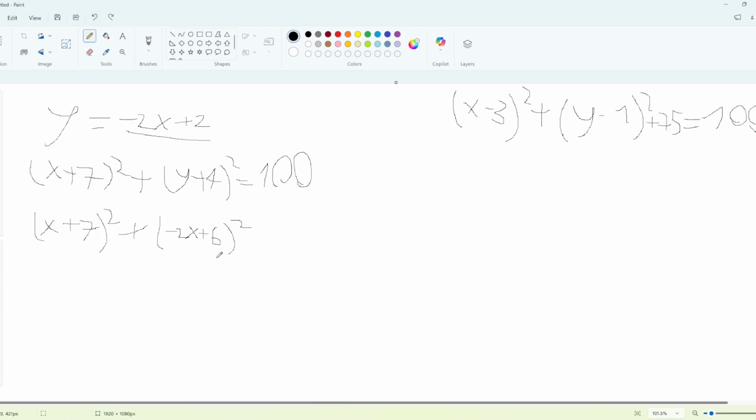I'm also going to switch this up, because I have this squared sign here, so I can multiply the insides by negative 1, because negative 1 squared is 1. So that's equal to the same thing, and I'm going to change my sign. The intersection of the collection of points where y is negative 2x plus 2, and this collection of points which satisfies this equation.